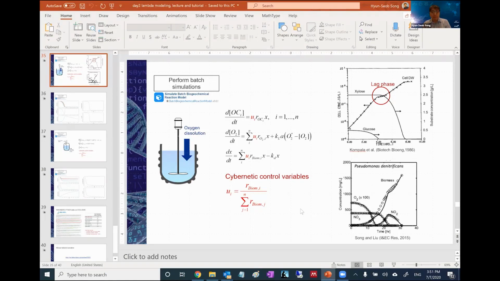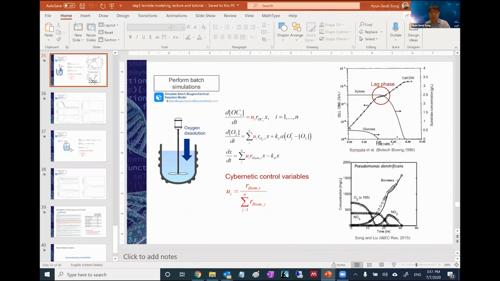Microorganisms are not very smart, but their behaviors are very smart. They know what nutrients will lead to the highest growth rate of their biomass. So in this case, they choose glucose. You can see the slope here, the growth rate, is higher on glucose. When they grow on xylose, the slope becomes lower.